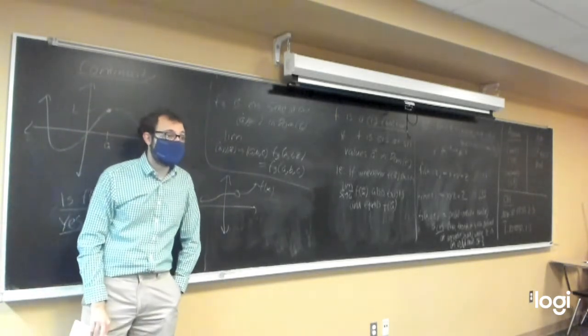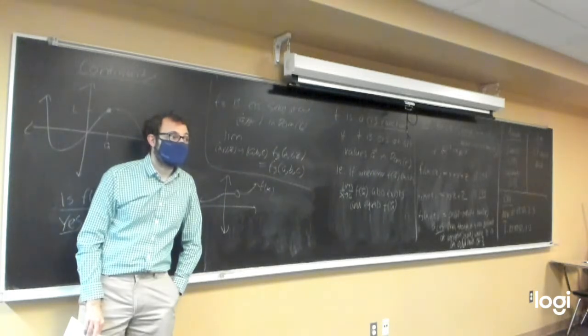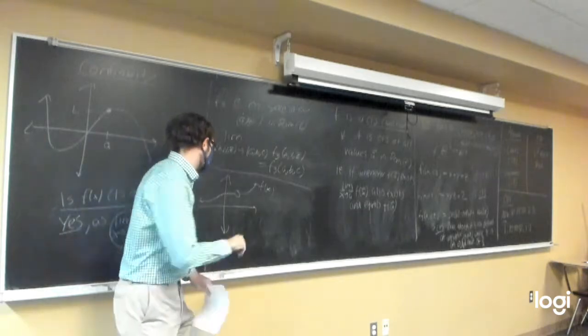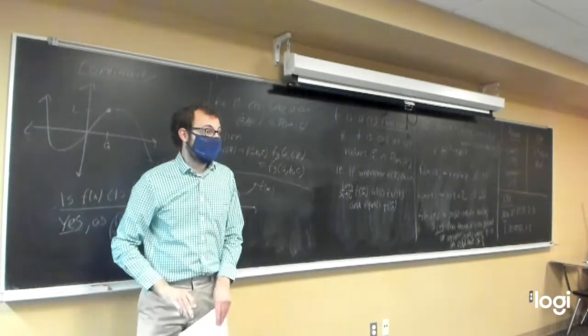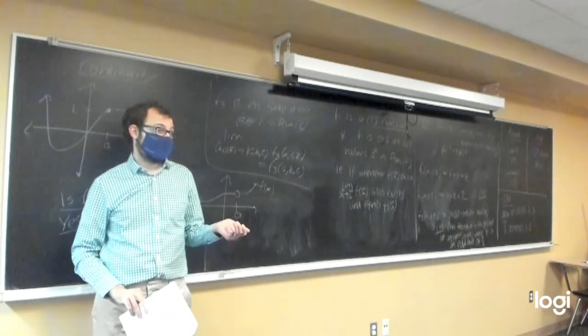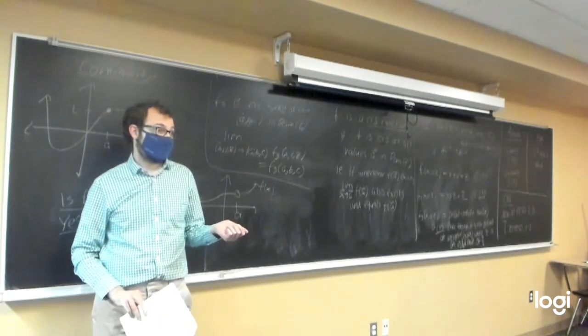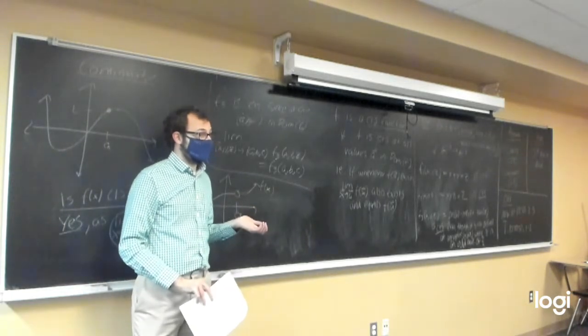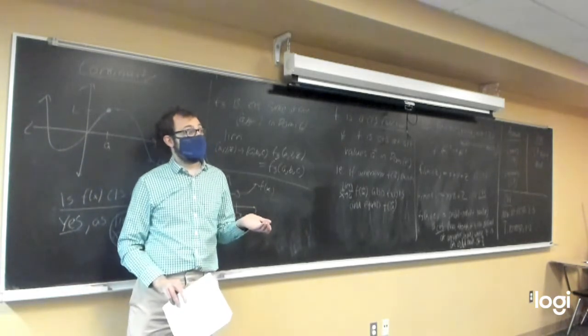Is this a continuous function? Why is that not a continuous function? Because the limit as x approaches a does not equal f of a. So the function's not continuous at a, in other words. Right. So does that matter?